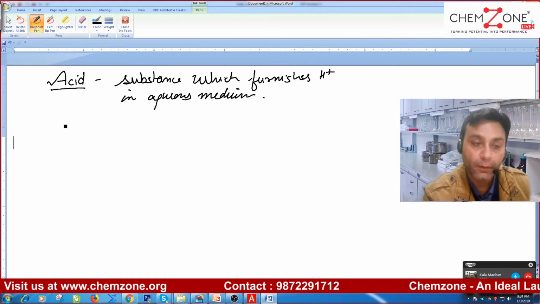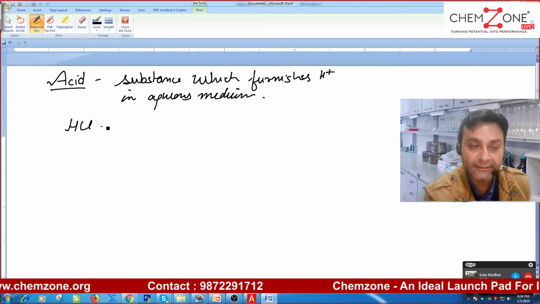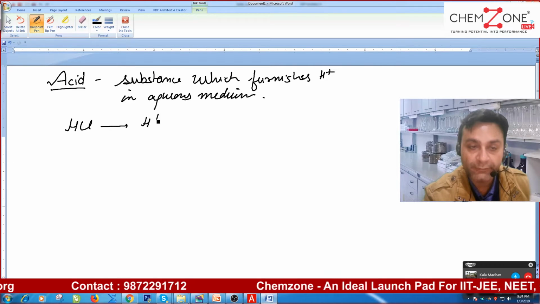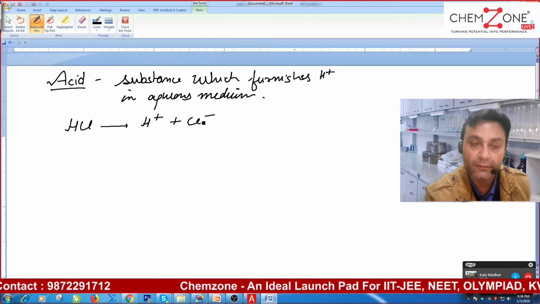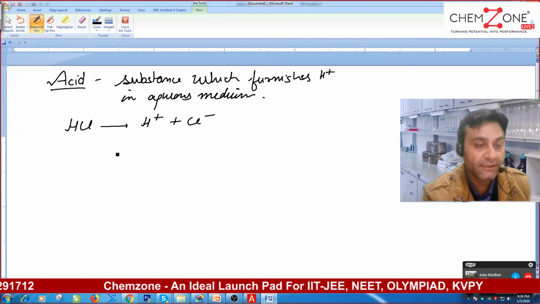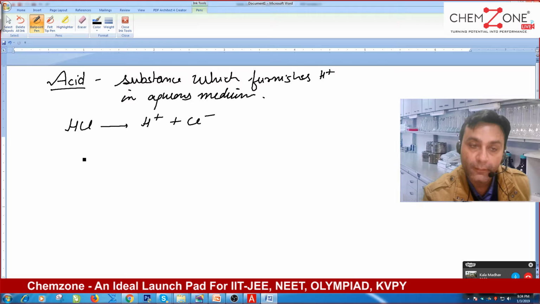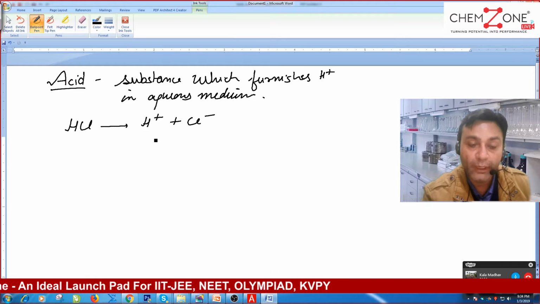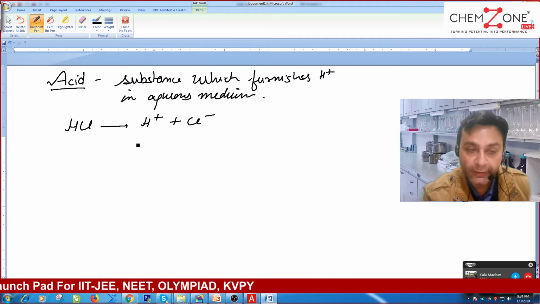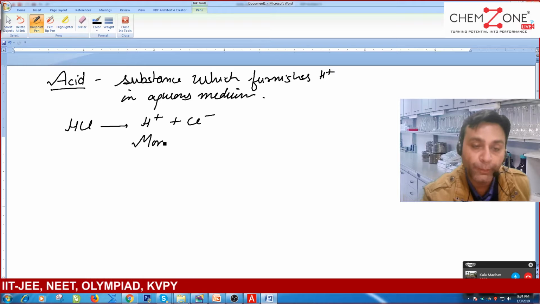For example, if I say HCl, it can give H positive and Cl negative ion. So HCl is an acid. It is giving one H positive ion only, and that is why we call it a monobasic acid.